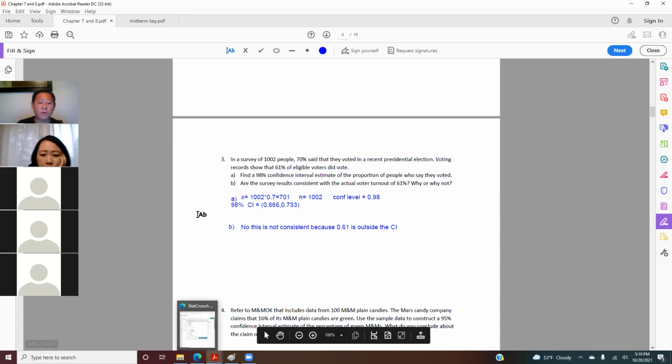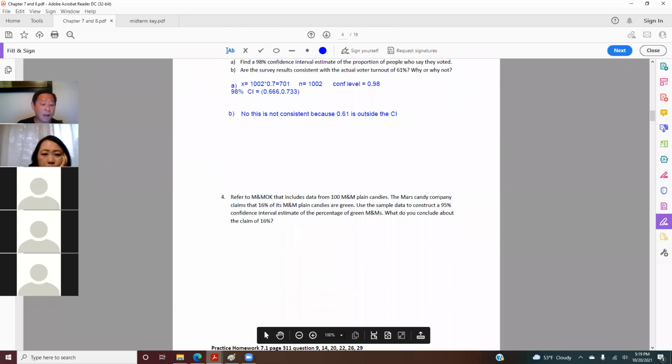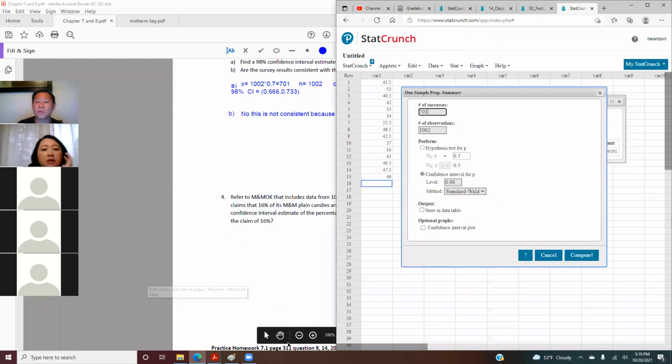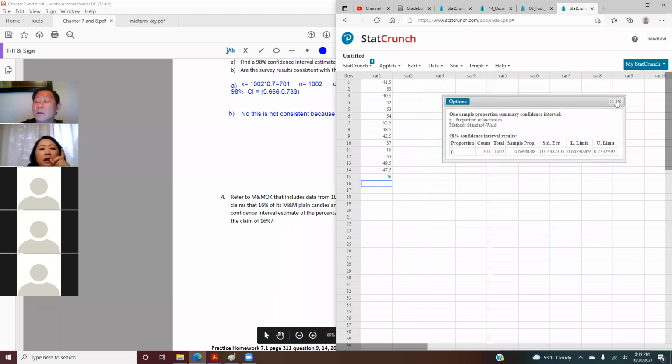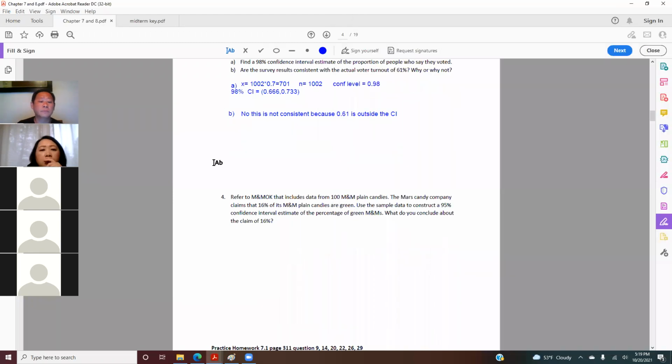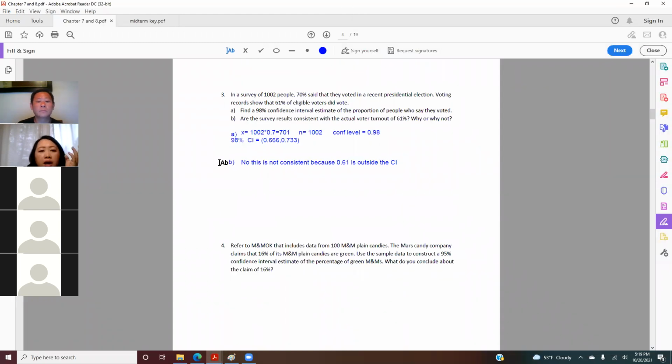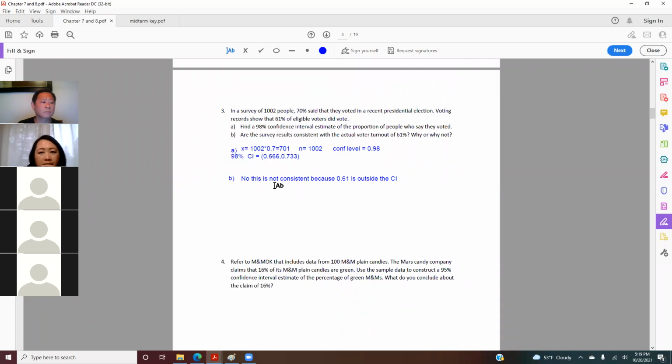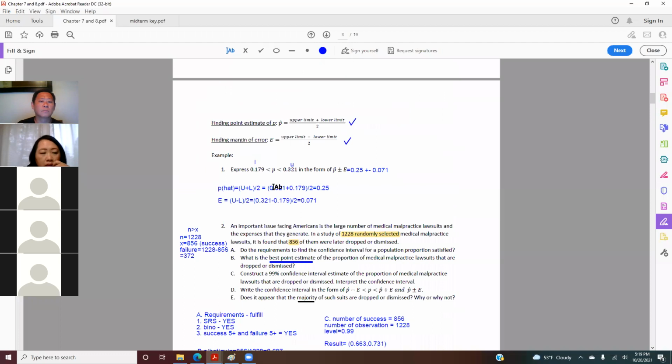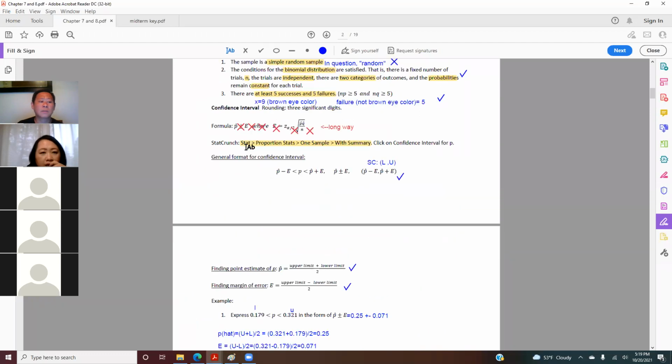Right. Before we go on to number 4, I did have a question. I was trying to figure out where I was supposed to go. I figured out the X and the N and the confidence level, but I couldn't figure out where I was supposed to put this in StatCrunch, because mine didn't have that.